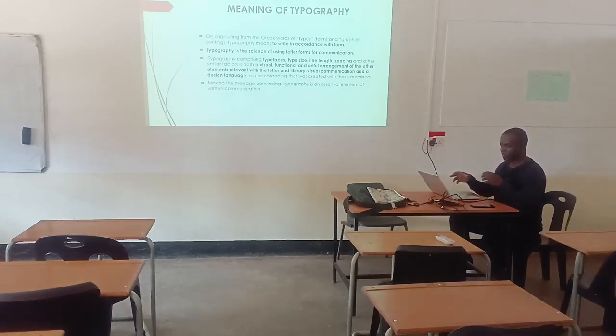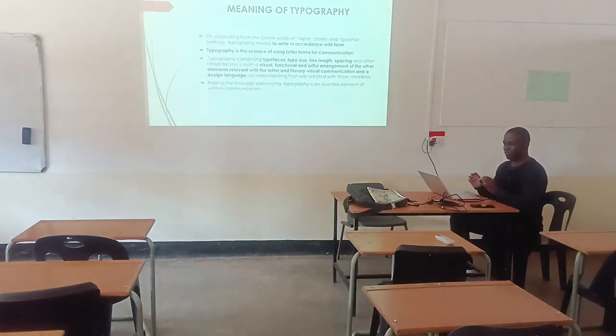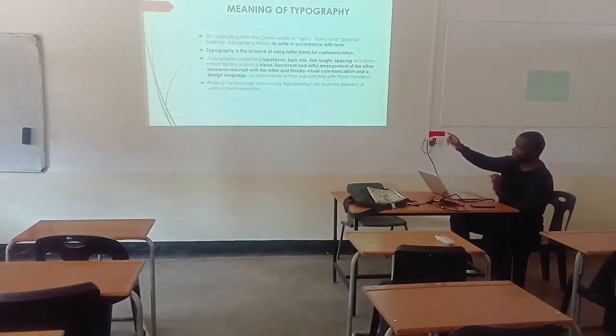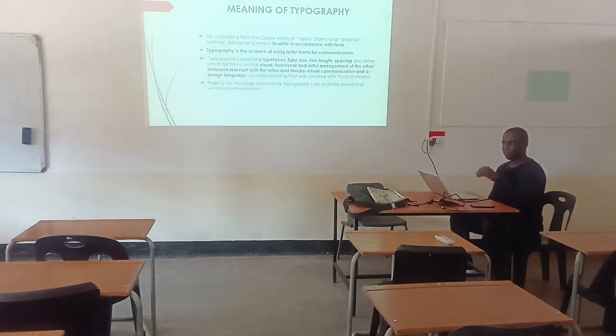If you take form and graphia, it means a form of graphics combination. But here it says writing in accordance with form. There's a specific form, because these characters are just forms. They are lines. We talked about vector and raster images, isn't it? We say vector, they are lines.